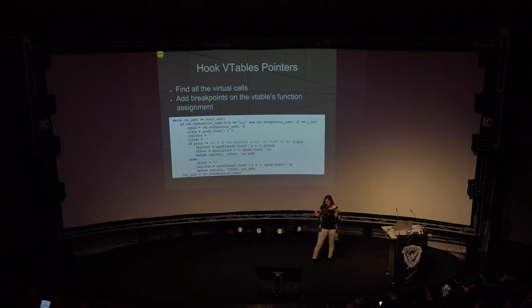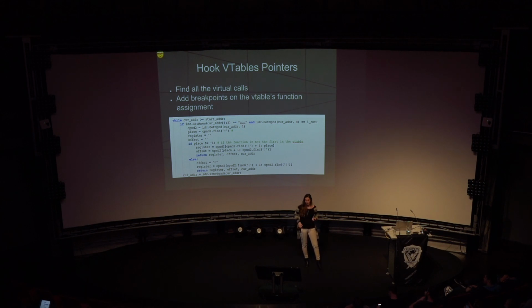about now. But before we talk about conditional breakpoints, I'm going to talk about how I want to hook the Vtable pointers. At first, we want to find all the virtual calls, because we need to hook the relevant parts in order to get the Vtables. So this code goes through the code and searches for virtual calls.